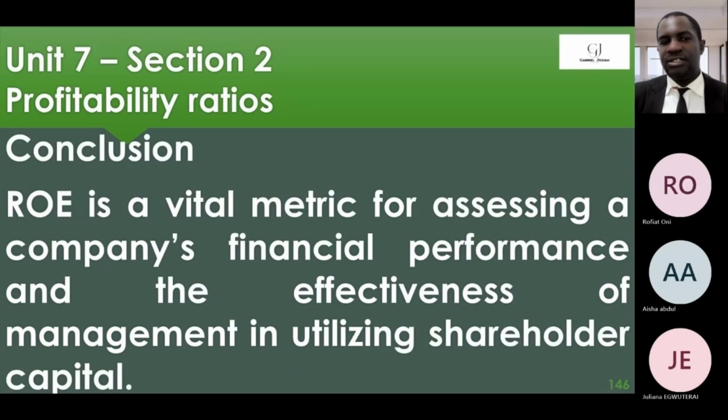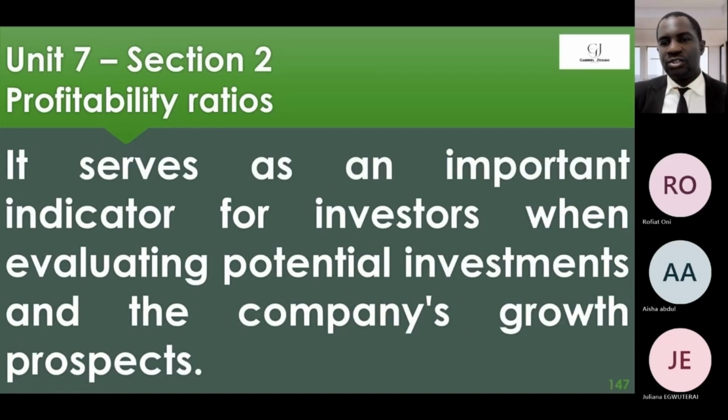improve profitability. So in conclusion, return on equity is a vital metric for assessing a company's financial performance and the effectiveness of management in utilizing shareholder capital. It also serves as an indicator for investors when evaluating potential investments and the company's growth prospects. So a lot of people want to invest in the company, but the first thing they look at is the return on equity.